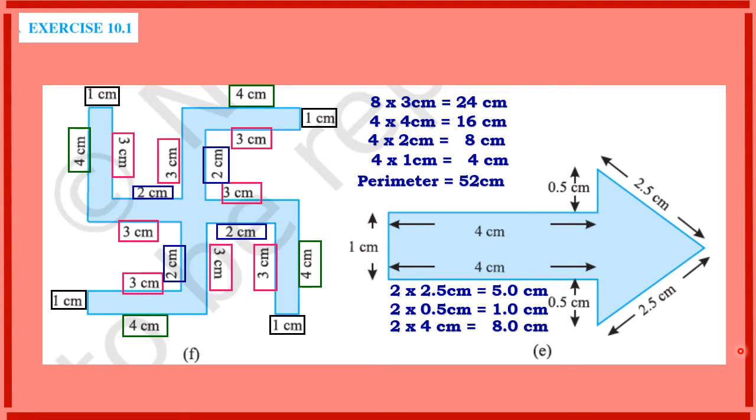Next 2 into 4, that is 8 centimeter. And 1 is there, this one. So everything together, let us add them. It is 15 centimeter. Is it clear? Next question.